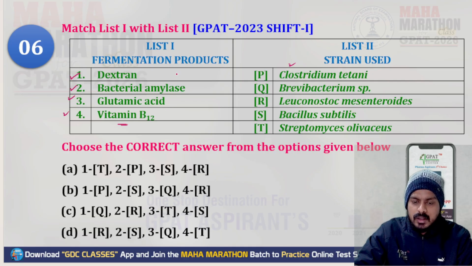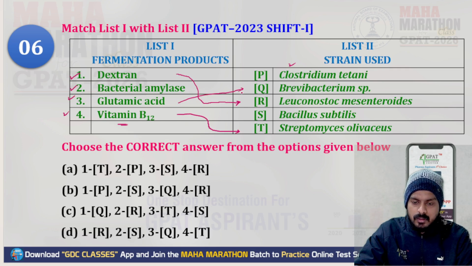For dextran, the species is Leuconostoc mesenteroides. For vitamin B12, the species is Streptomyces olivaceus. Next, for glutamic acid, the species is Brevibacterium species.